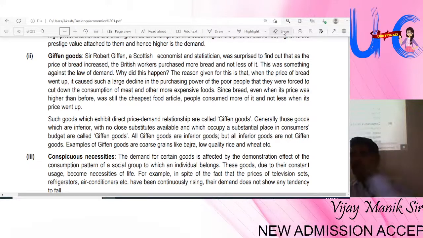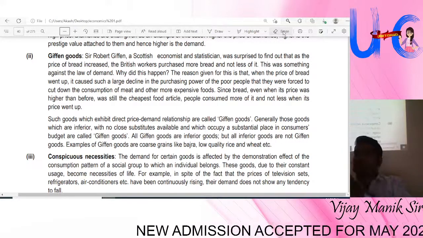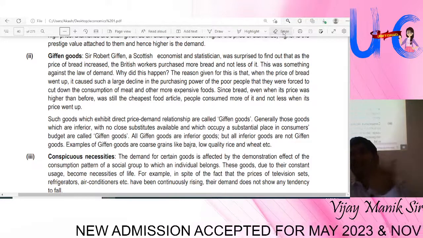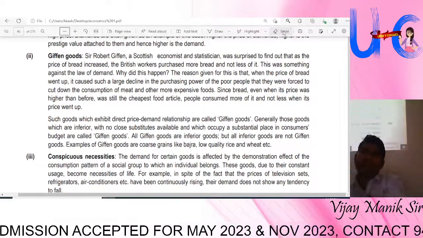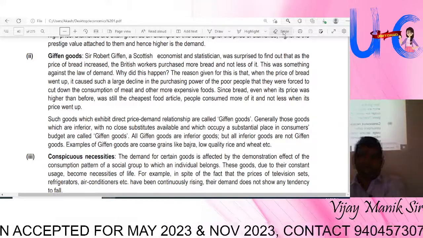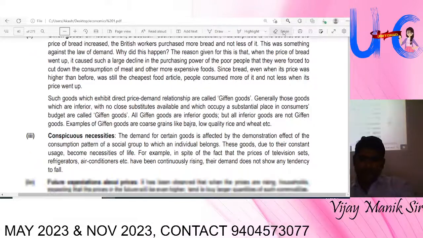Although, the demand for bread will be high, because their source to eat meat has been cut. They have only one option, that is bread to eat. So this is the Giffen good.